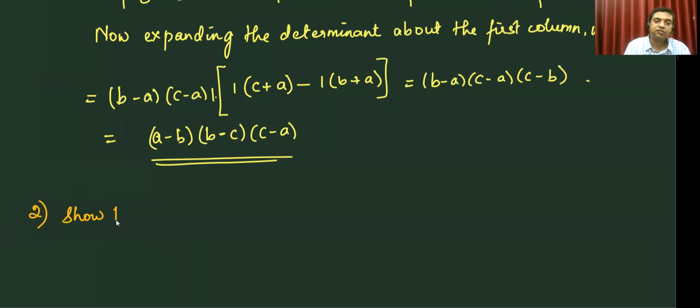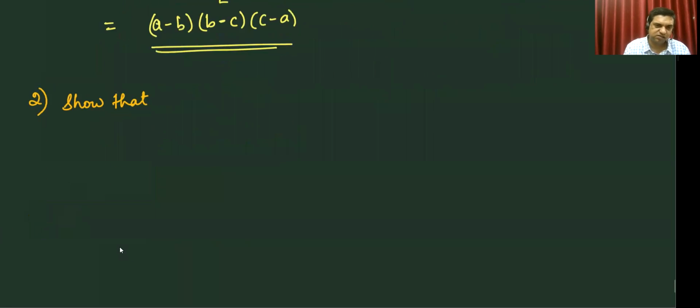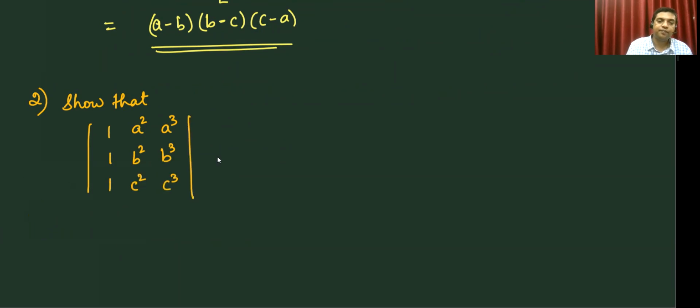Show that the determinant of 1 a square a cube, 1 b square b cube, 1 c square c cube is equal to a minus b into b minus c into c minus a times ab plus bc plus ca.